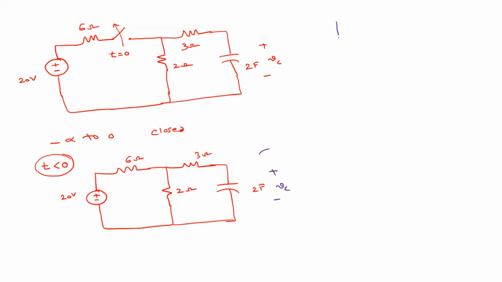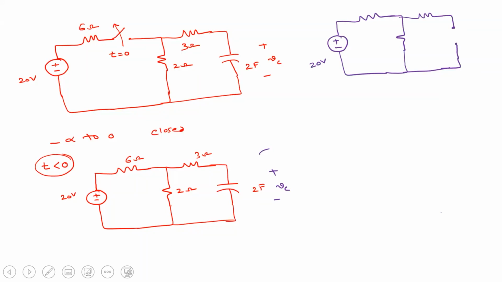So that means the circuit will be something like this. So this is VC.